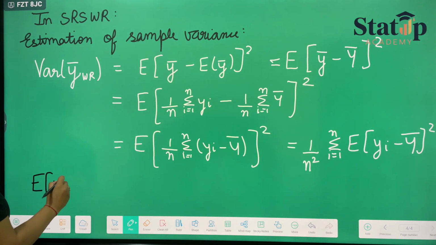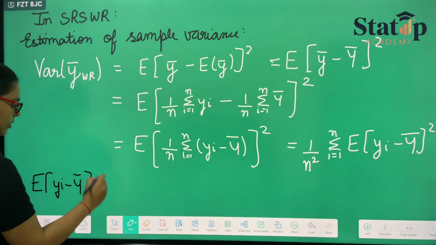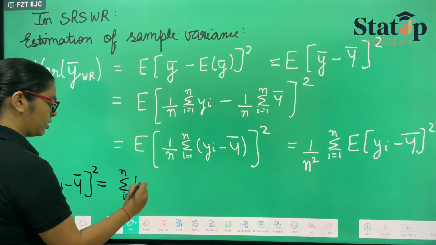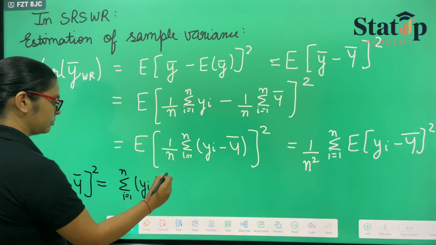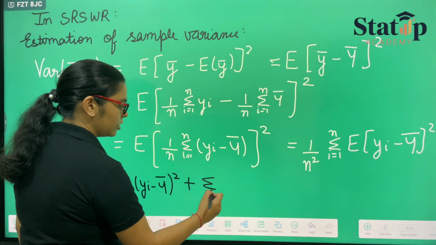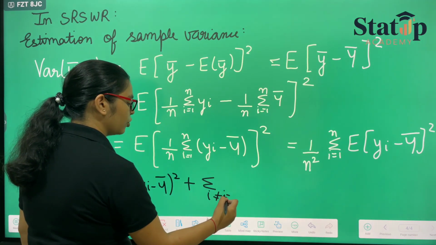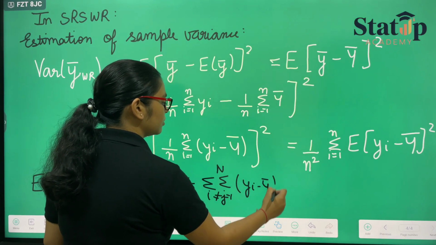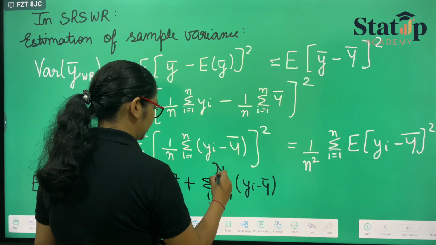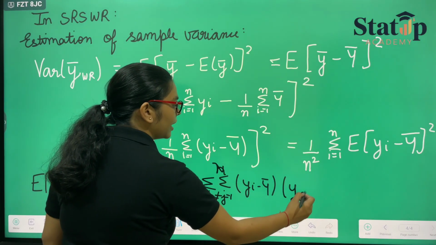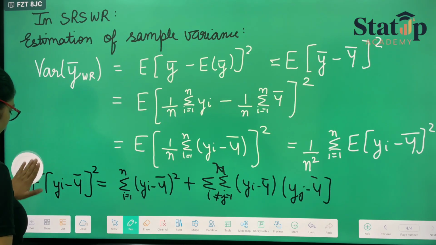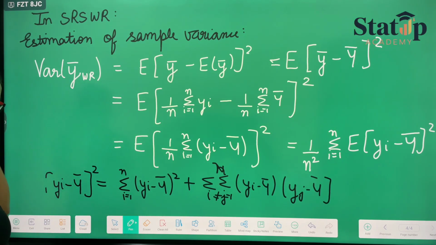Estimation of yi minus y bar, square, is nothing but summation i goes from 1 to n yi minus y bar whole square plus summation i not equal to j goes from 1 to capital N yi minus y bar into yj minus y bar. This is the formula that we can write.